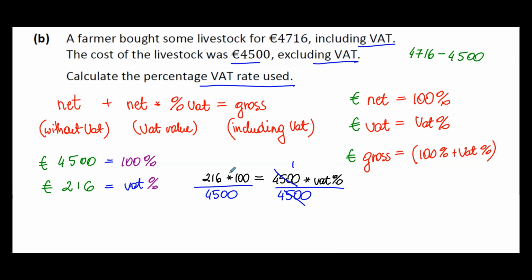Then I put all of that in my calculator, I press equals, and I get 4.8. That is my VAT rate. And that's how we solve that using conversion. Very useful method. Good for sixth year, good for fifth year, because you have those calculations there as well.